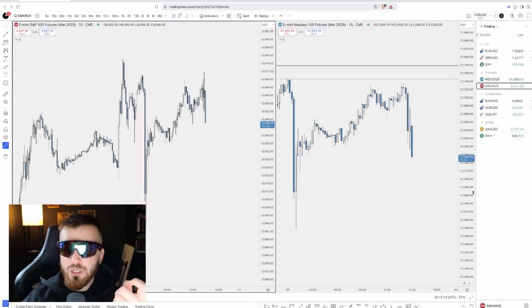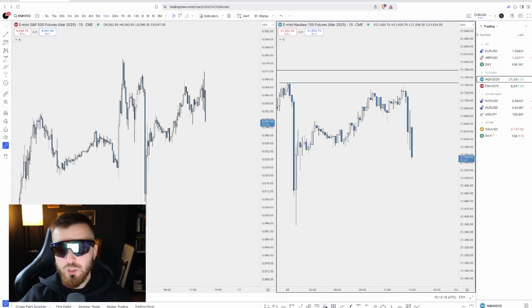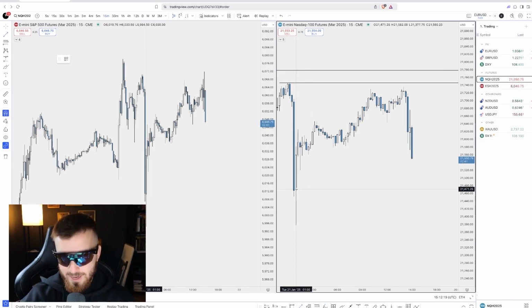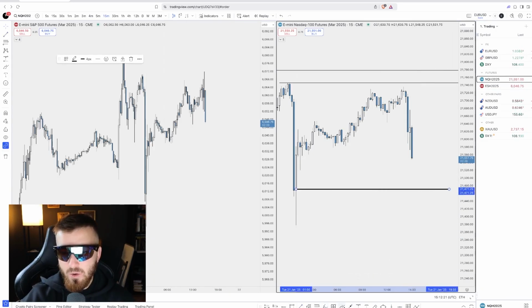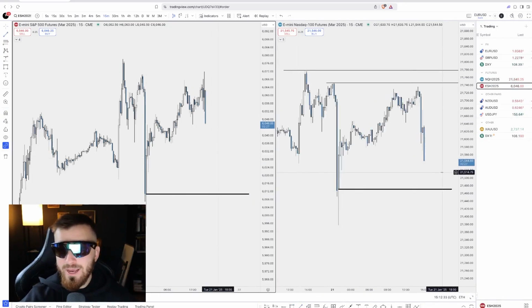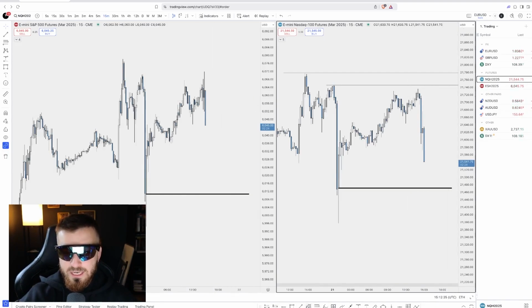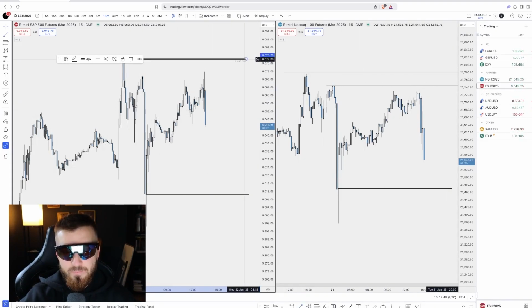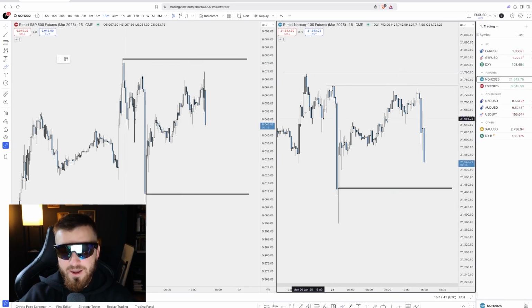So if you are bearish right now, you are going to want to trade NASDAQ and be targeting this low. And you will see that NASDAQ will reach this low way quicker than S&P is going to reach this low. But if we are going higher, you will see the S&P reach this high way before NASDAQ reaches this high.